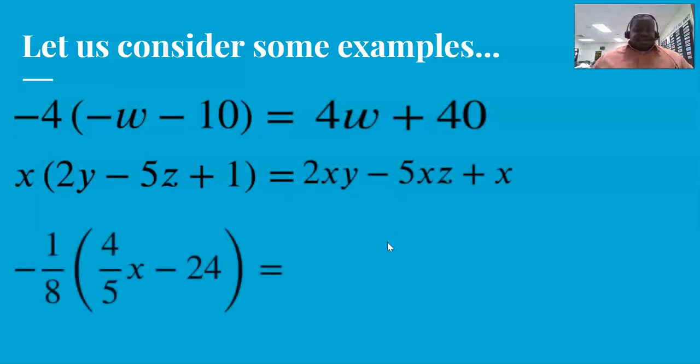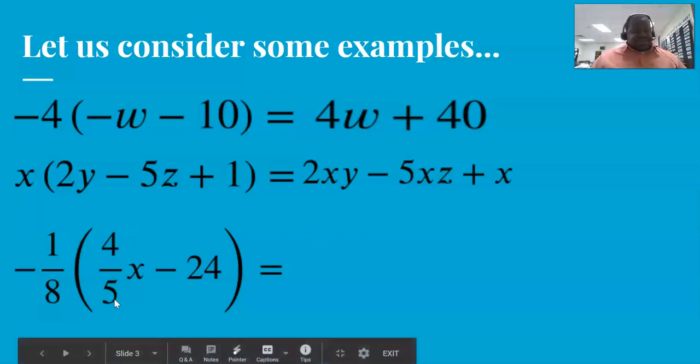Next one, negative 1/8 quantity parentheses, negative 1/8 times parentheses 4/5 x minus 24. So the first thing is I'm going to do 1/8 times 4/5. That gives me 4/40. Only thing you're going to see over here on this side are the problems as they're already reduced.